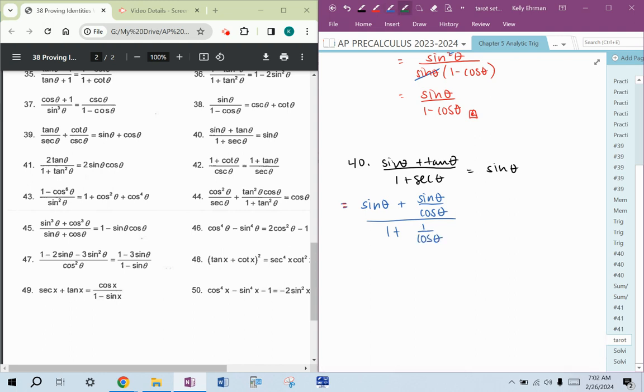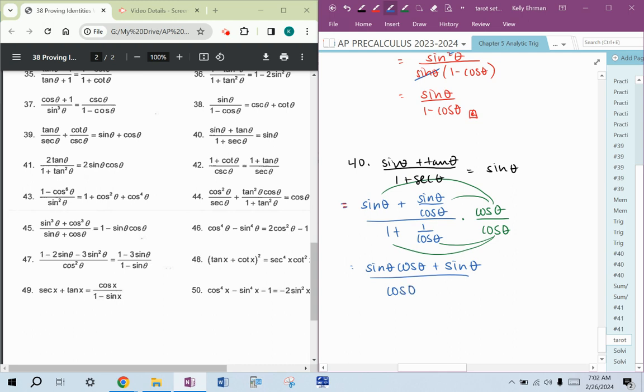Now I have a complex fraction, so I'm going to clear it out by multiplying by the denominators that I see in the complex fraction, which is just cosine. Multiply by cosine over cosine, and you get sine theta cosine theta plus sine theta over cosine theta plus 1.